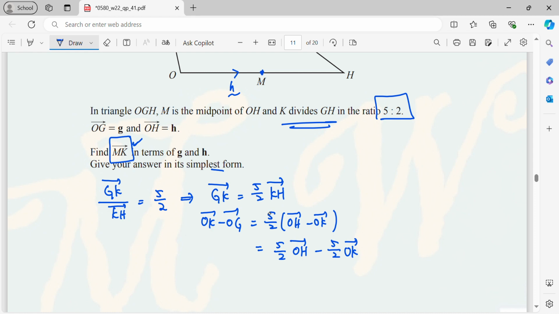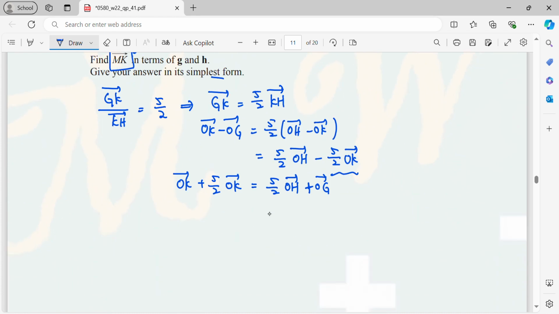So now the OK term will be moved to the other side, becomes plus. So OK plus 5 over 2 vector OK equals 5 over 2 OH. The minus OG will be moved to the right side, becomes plus OG. So the left hand side, 1 OK plus 5 over 2 OK, that is 7 over 2 vector OK.